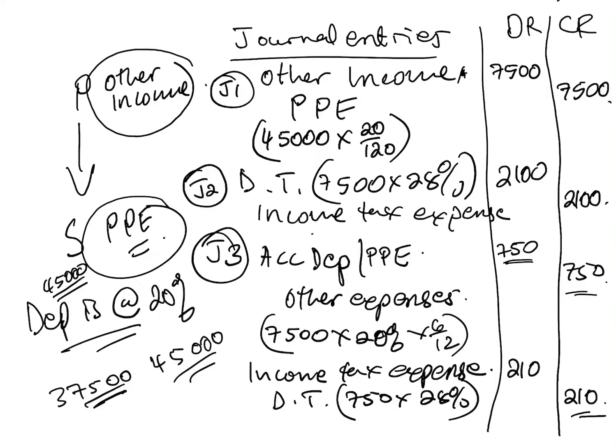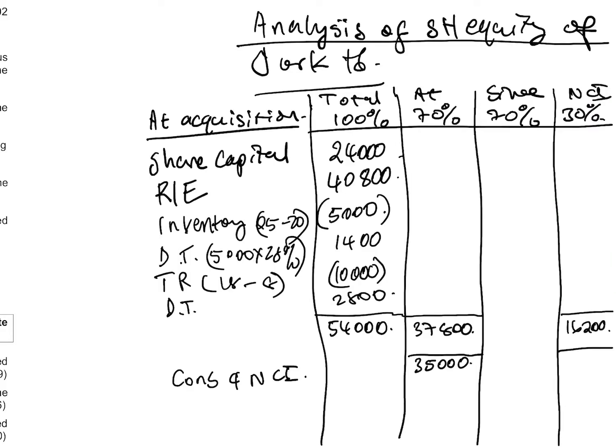So we are going to be using 16,200. So no goodwill for NCI here: 37,800 minus 35. The consideration was less than the net asset, so therefore it is a gain on bargain purchase.